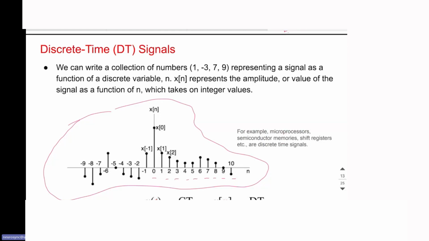We can write a collection of numbers representing a signal as a function of a discrete variable, and this discrete variable is n. We represent this signal as x of n.